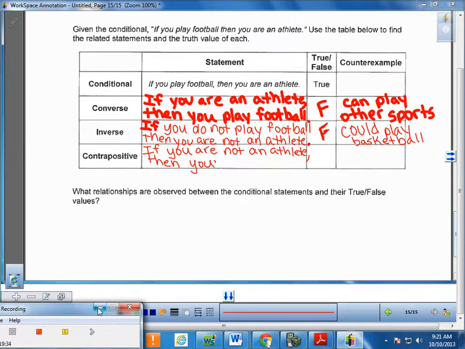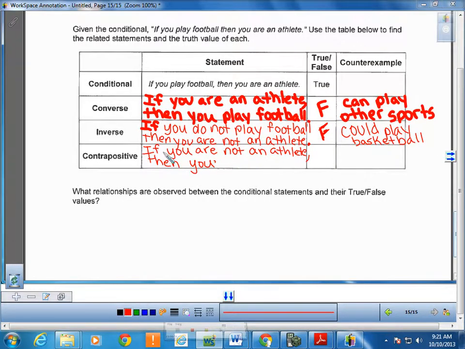If you are not an athlete, then you do not play football. And this one's going to be true.